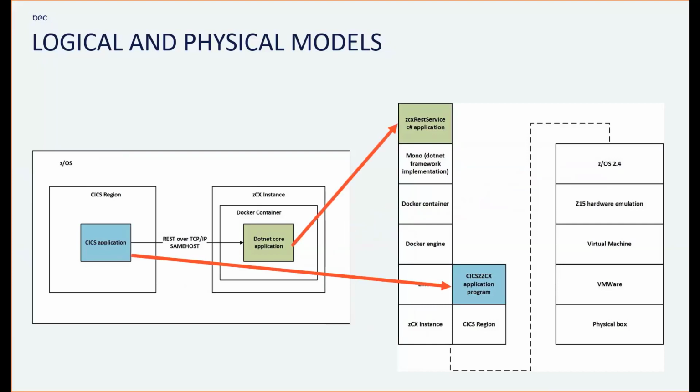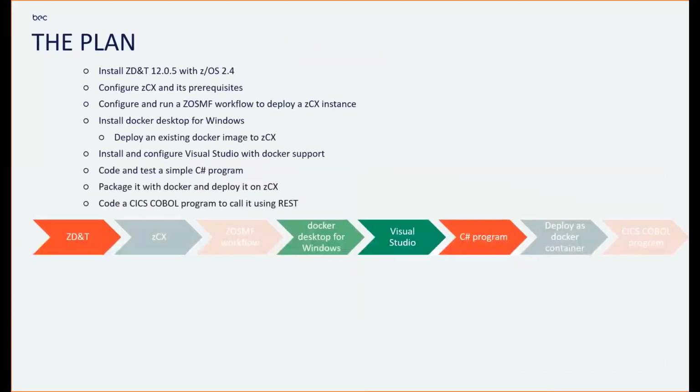The Docker application at level 11, and the CICS program at level 7. And the plan was really to start from the beginning and continue until we reach the end, to configure everything and then do some coding, and finally to build and to run it.